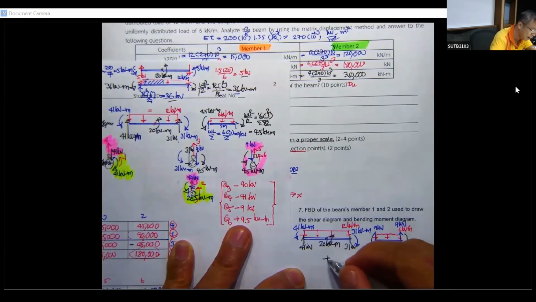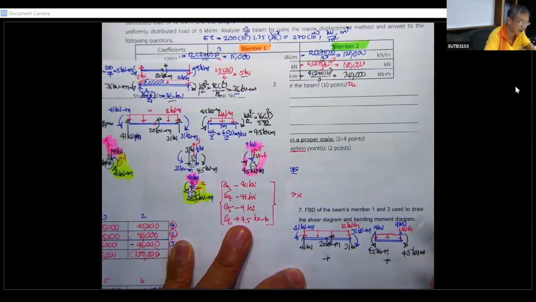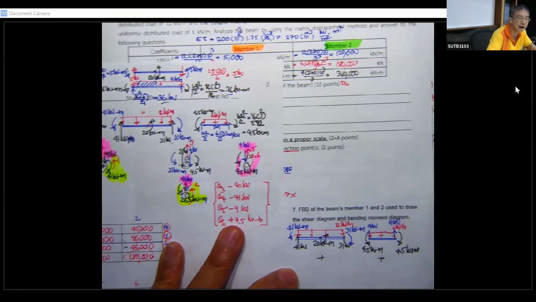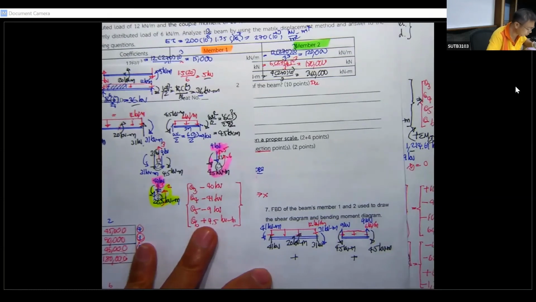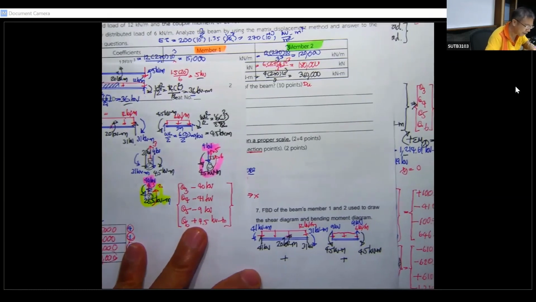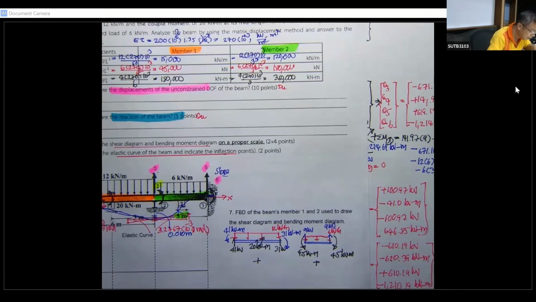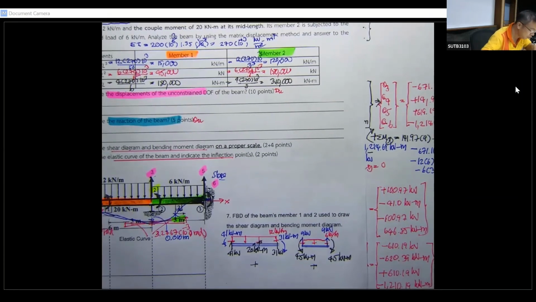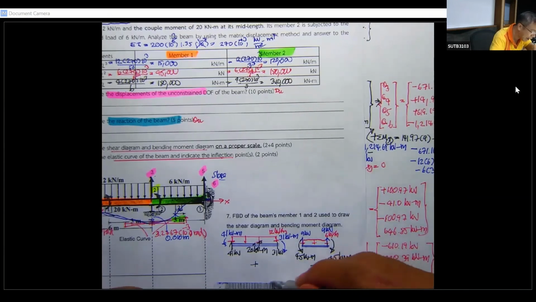You have to combine this one with the result that you get over here. So move this one out and take this result into the position, and then do the same thing. You put this one as member number 1, and this one is member number 2.